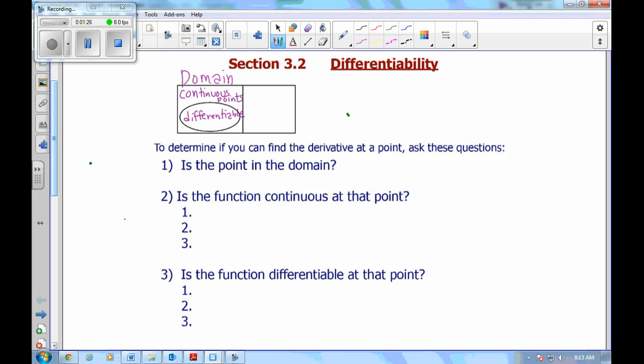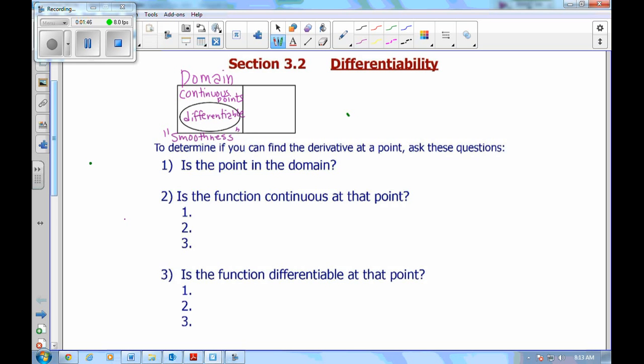And I kind of mentioned this already with those jagged corners. We're looking for smoothness. What did we put on those jagged corners? Open circle, because it's not differentiable at those points. Because we're looking for the slope of the tangent line.